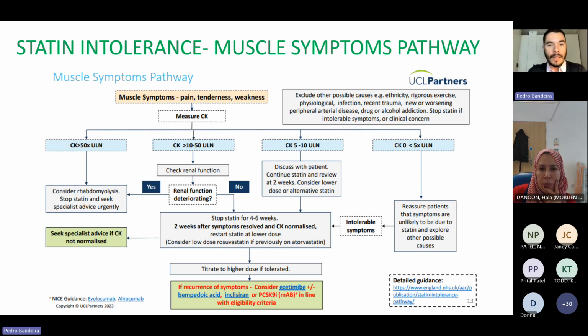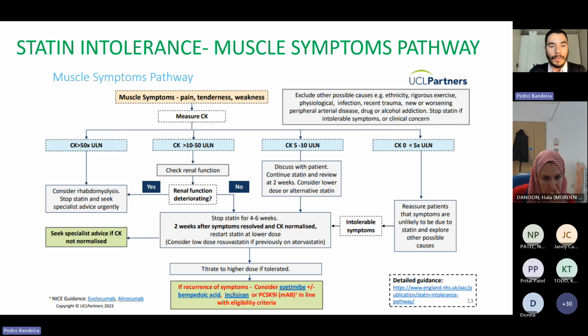And this slide I've taken from ECL Partners. They have very comprehensive ECL practice frameworks on cholesterol and other disease states. And you can see here it's very useful to know this pathway when you're dealing with patients with statin intolerance or patients complaining of muscle symptoms.